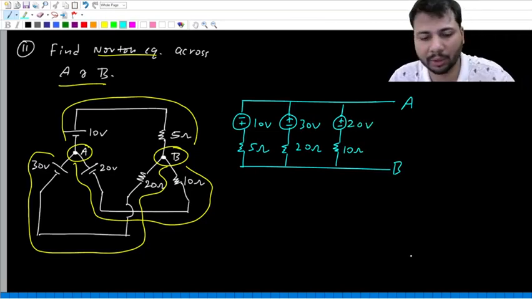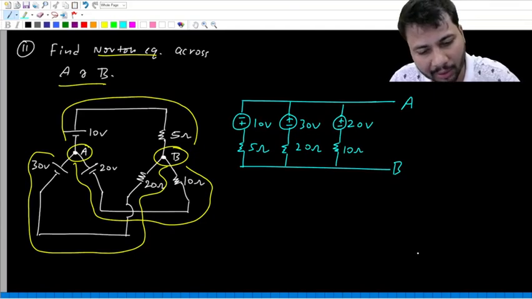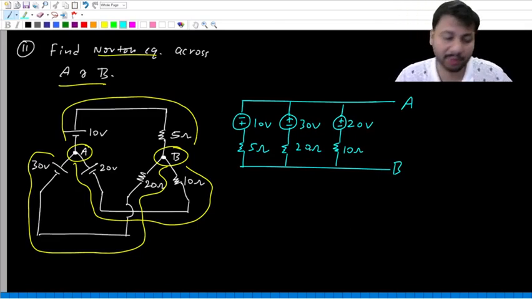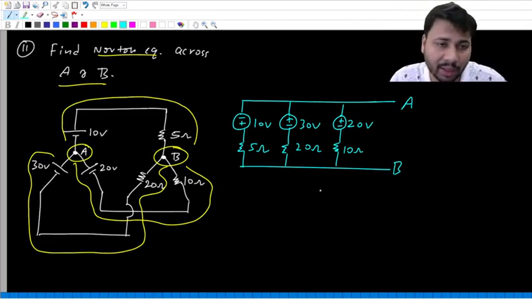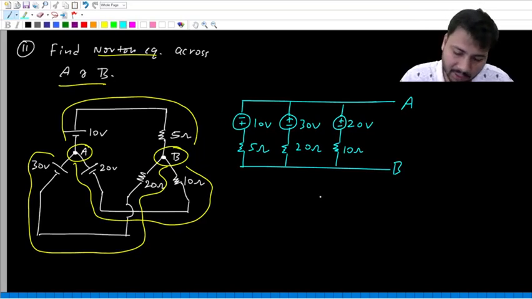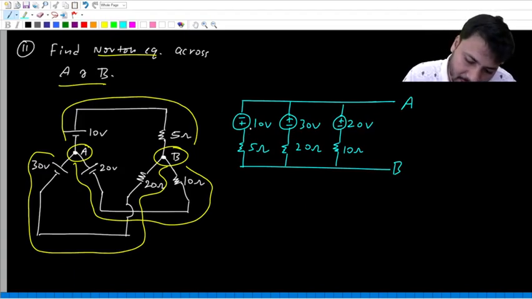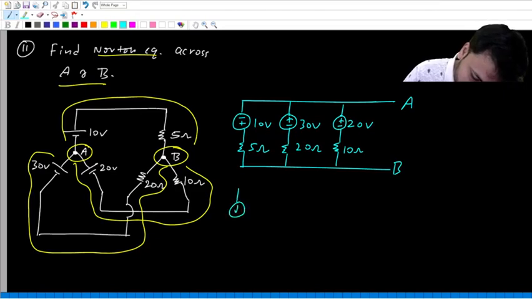This is how the original network can be redrawn. And now we have to transform this into a single current source in parallel with a single resistance. That can be easily done using source transformation.